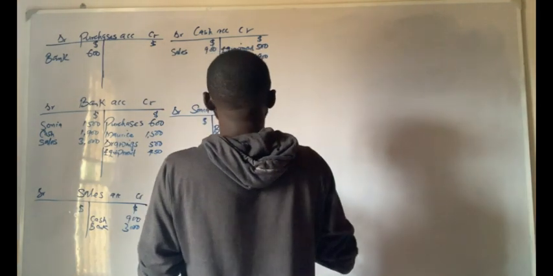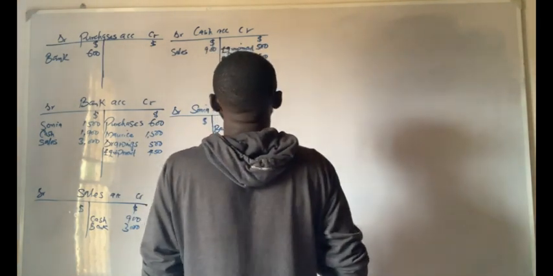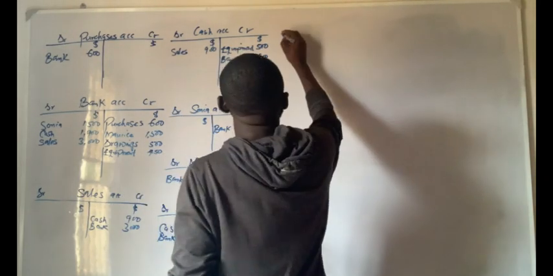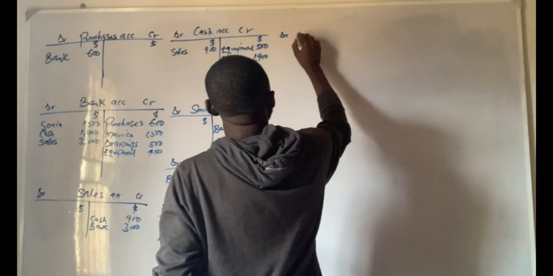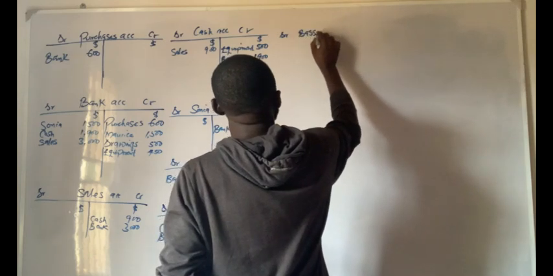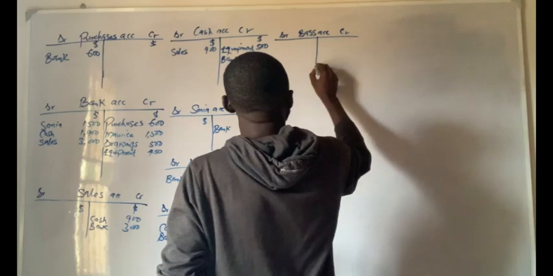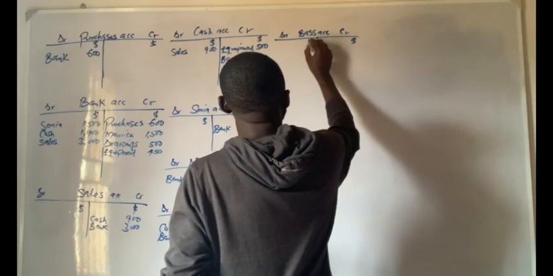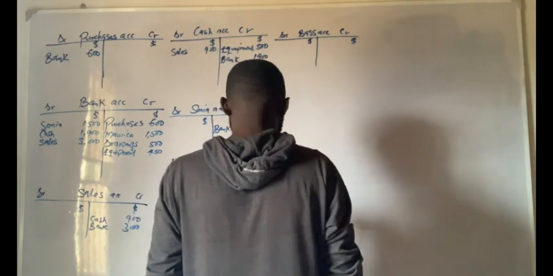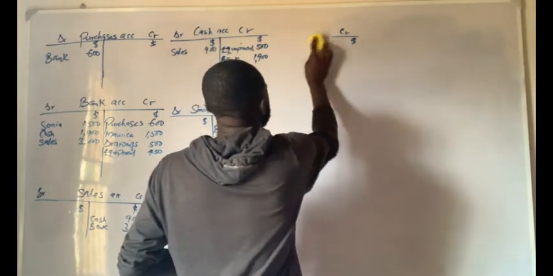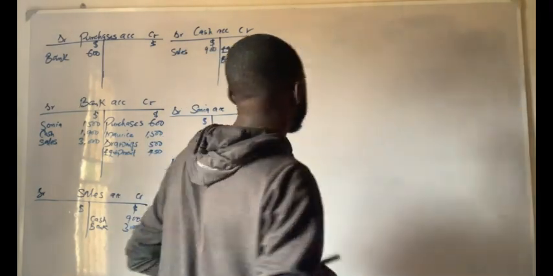So being so, I would have debit, BAS account, and credit. In the BAS account, let me extend it a bit because of particulars.